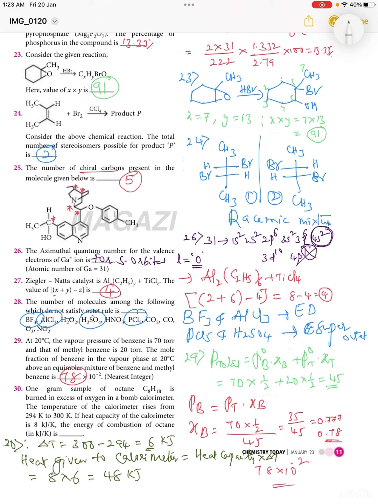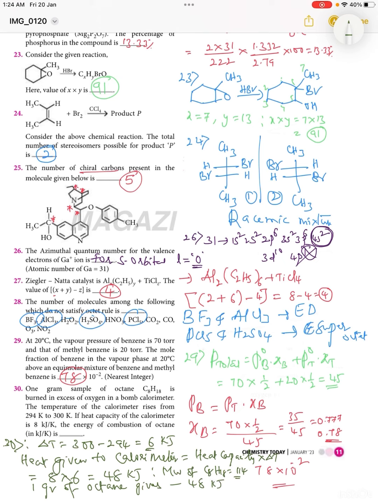48 kilojoules. So as we know that the molar mass of C8H18 is equals to 114. This is required to calculate this. So 1 gram of octane gives 48 kilojoules of heat.